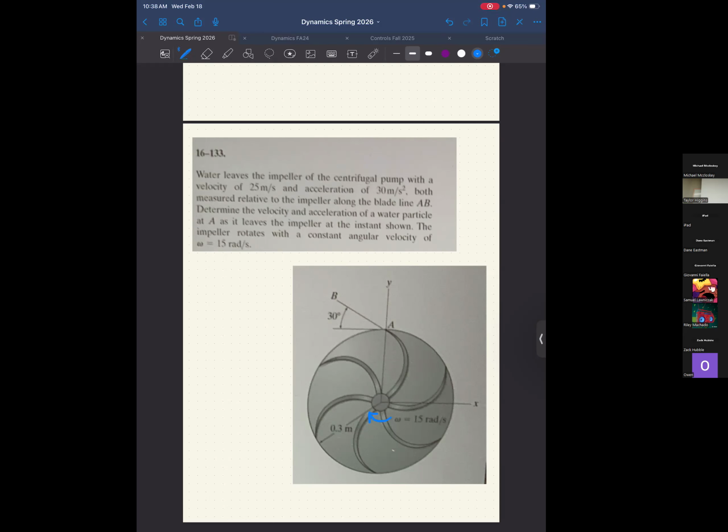Oh, I like this one. And you said it was clockwise for rotation. Yes.